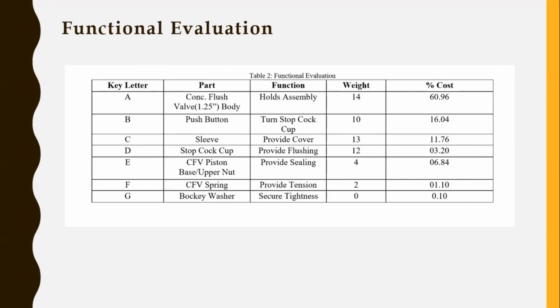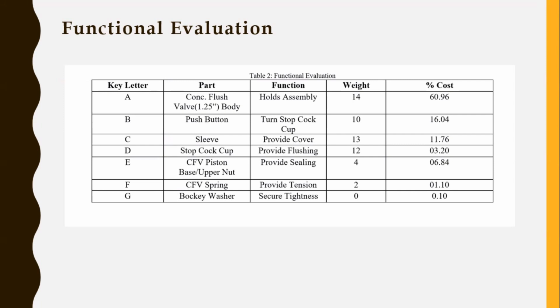Okay, so you do this kind of comparative weightage, and this is kind of a qualitative assessment. So you can take the actual cost of it. The total cost is there, and then you can see the valve cost. It's 60% or 61%. Push button is 16%. Sleeve is 12%. So like that, right?